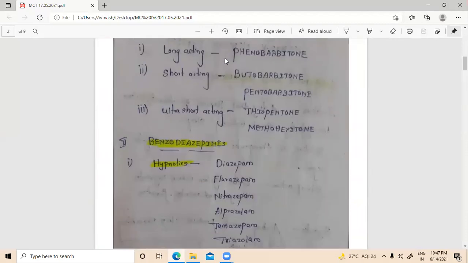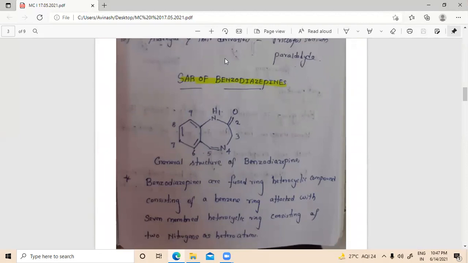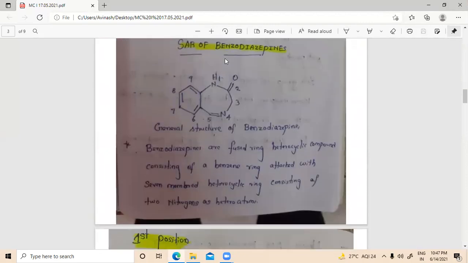They act on the central nervous system, so they can be used as sedatives and hypnotics. Some of the benzodiazepines can be used as anticonvulsants, etc. So let us now talk about the structure activity relationship of benzodiazepines. Okay.